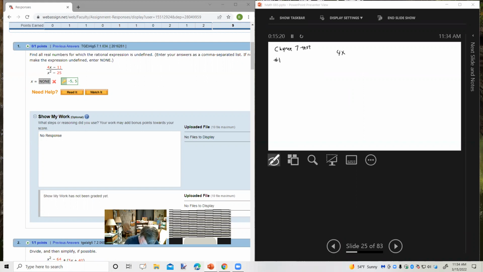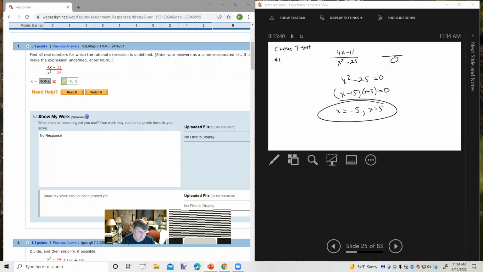You've got 4x minus 11 over x squared minus 25. When would it be undefined? When you're dividing by 0. So when is that equal to 0? If you factor it and solve it, you get those two values. So x is -5 and 5.